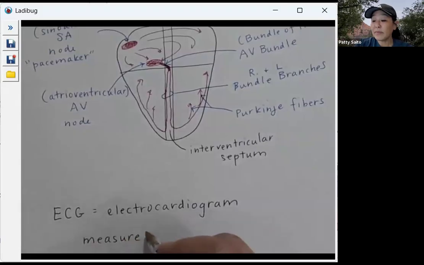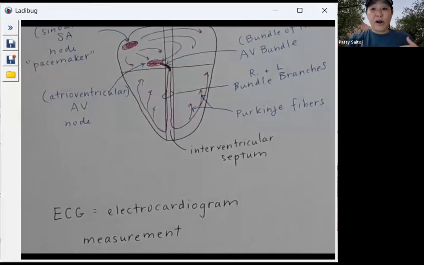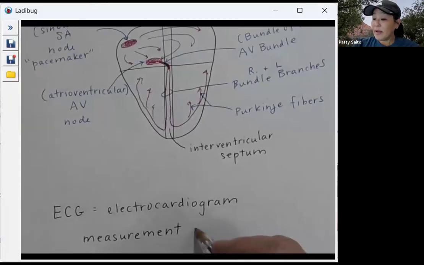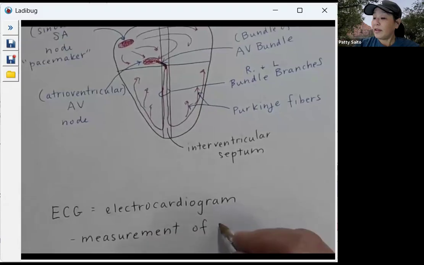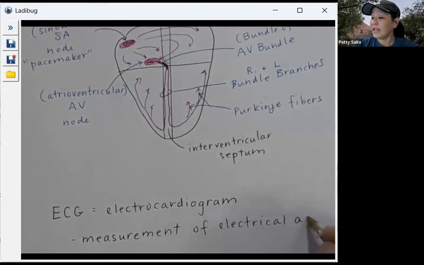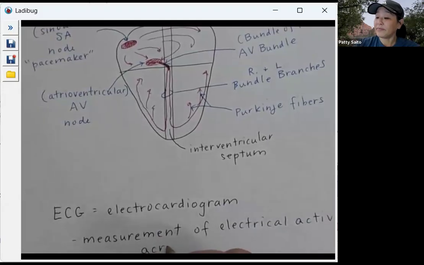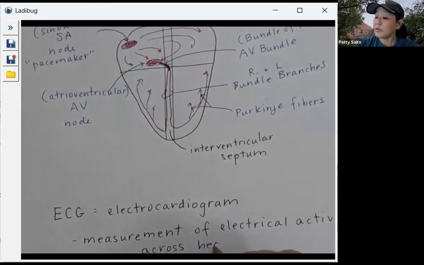We hook someone up, we put different leads around the heart. It's a measurement of the electrical activity across the heart. So that's what you're doing.